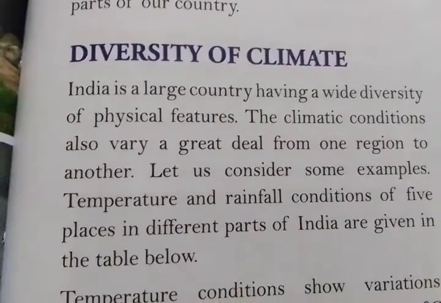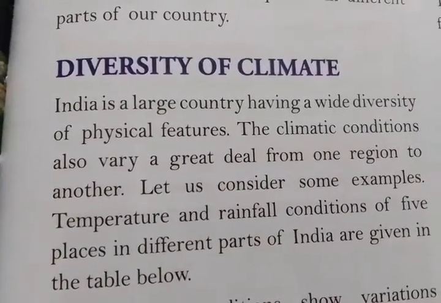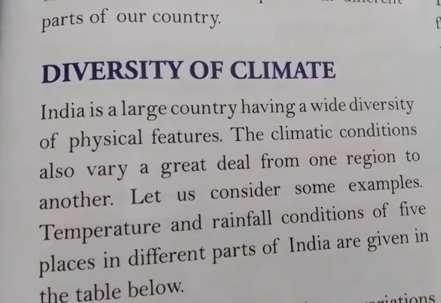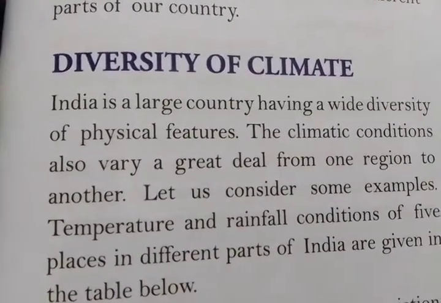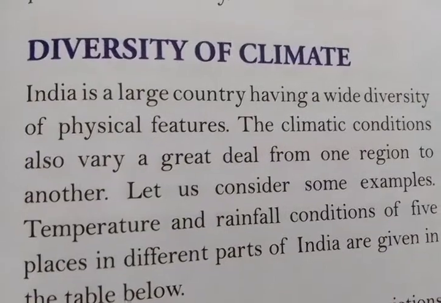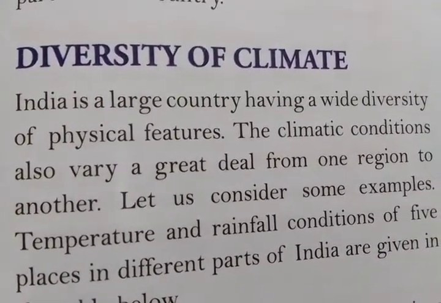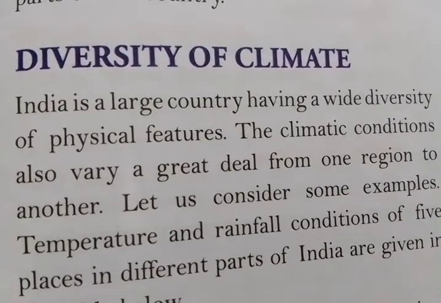India is a large country having a wide diversity of physical features. There are mountains, plateaus, plains and deserts too. So the climatic conditions also vary from one region to another. While some places in India are close to the ocean, others are far away.